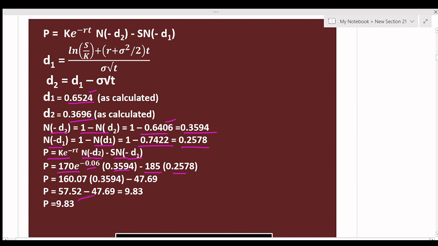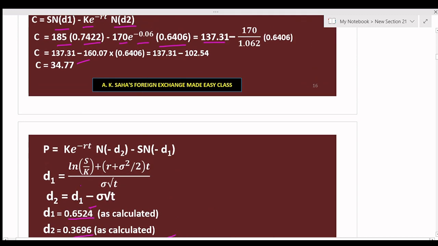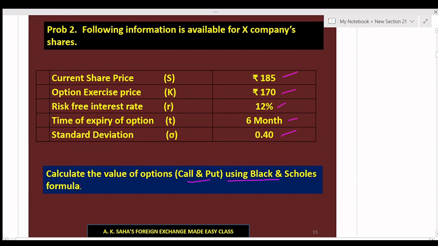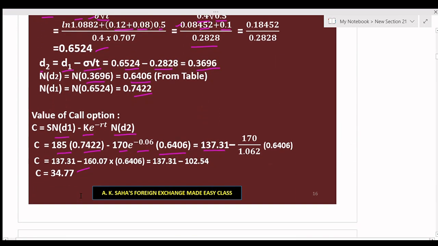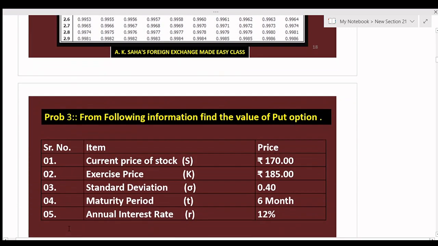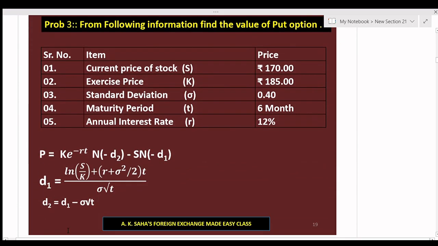Here the put value is lower than the call option price, because it is in the money position for the call option buyer. Now this problem you can solve it, that is, the strike price, the exercise price, is given.